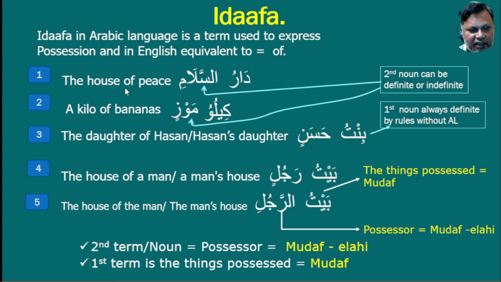Now, if you notice, the second term everywhere has kasra, kasra, kasra. This kasra actually indicates the "of", the "of" between these two. So the second term will always have kasra at the last letter. These are the rules.